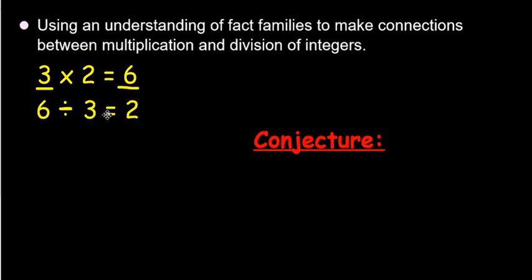So 6 divided by 3 is equal to 2. We could also take that product 6 and divide it by the second factor, and we get the first factor. So 6 divided by 2 is 3.